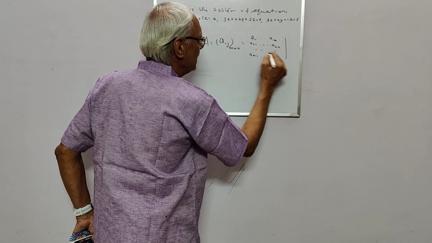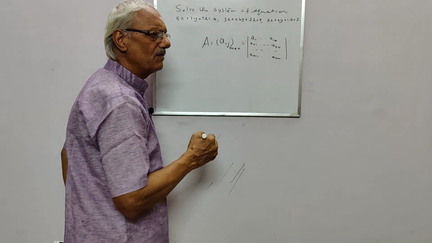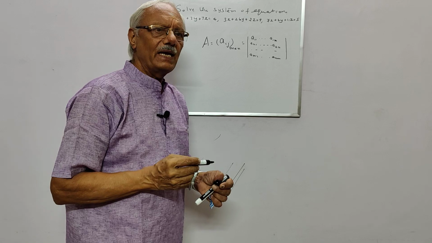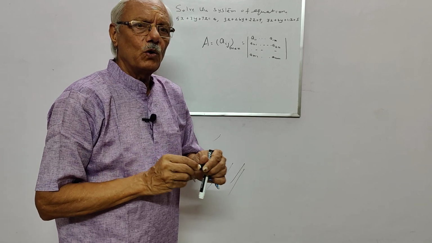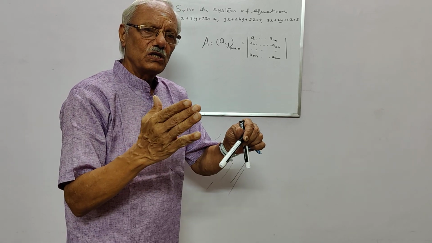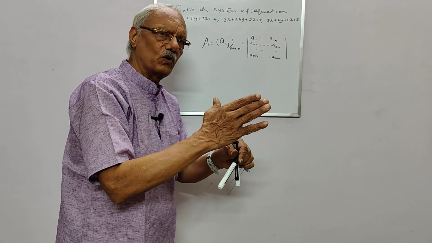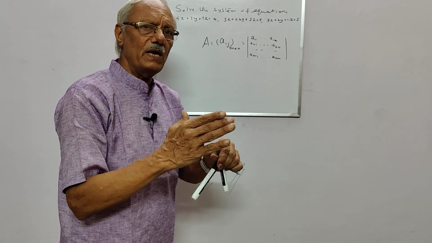So this is the matrix. I call it a matrix because the number of rows is not equal to the number of columns, so it is not a square matrix.